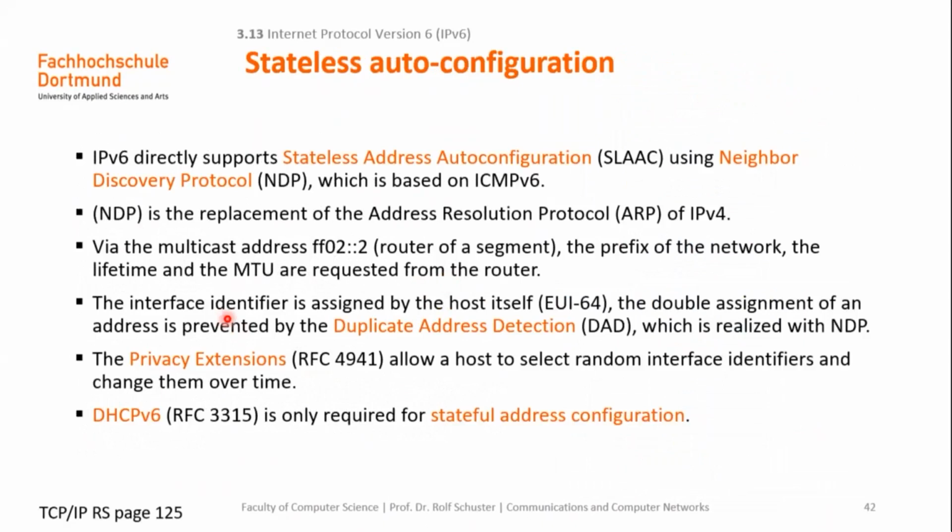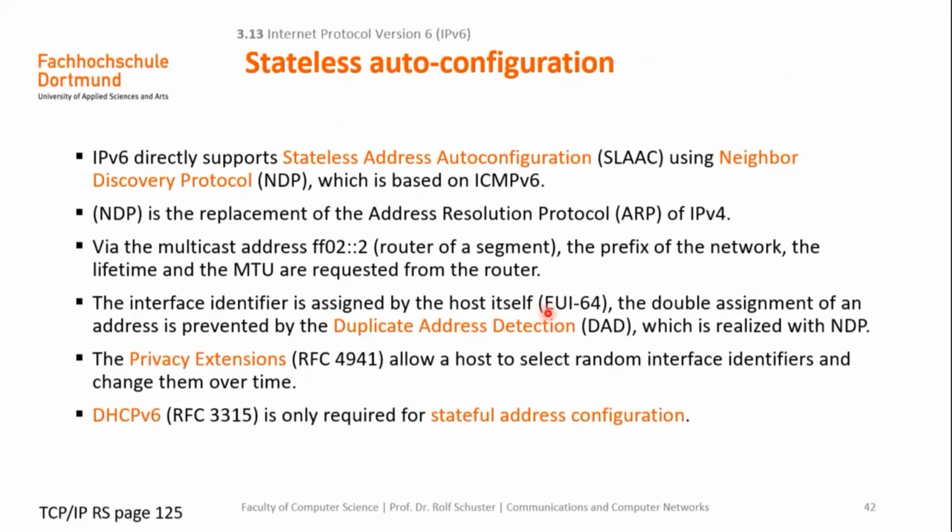Then, once the prefix of the local link network is obtained, the interface ID, that is the least significant 64 bits, is assigned by the host itself.